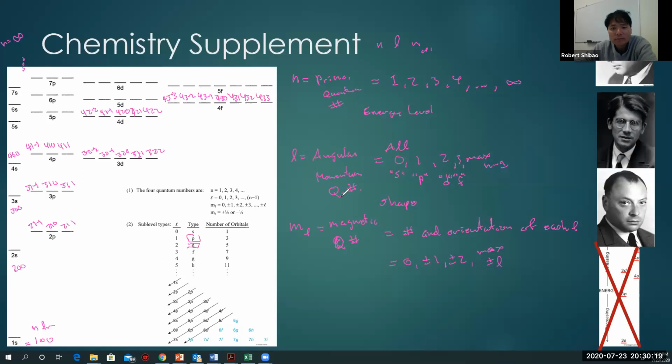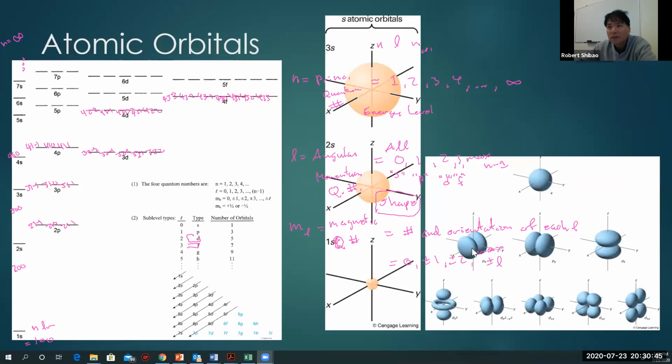l is equal to the angular momentum quantum number. l is equal to the shape. And so s shape, p shape, d shape, f shape. How many different p shapes are there? There are 3. They all look the same. They have different orientations. All the p's look the same.